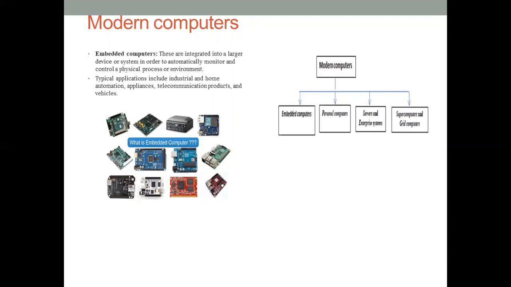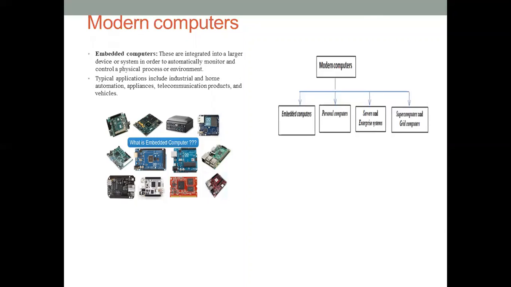Coming to the first category, embedded computers. The best live example of an embedded computer is your mobile phone. What do embedded computers do? They are integrated into a larger device or system, and they are used for specific purposes only.